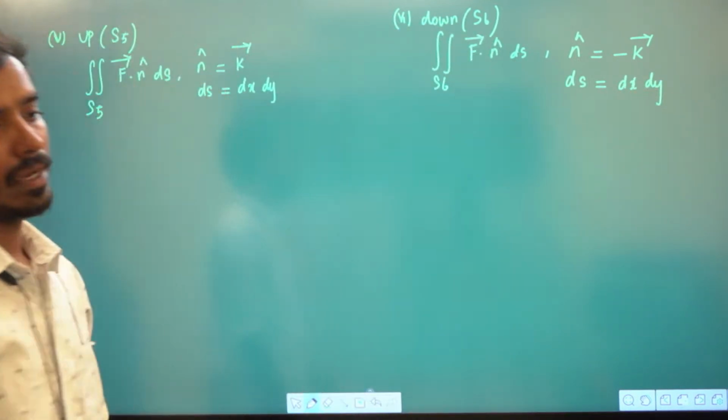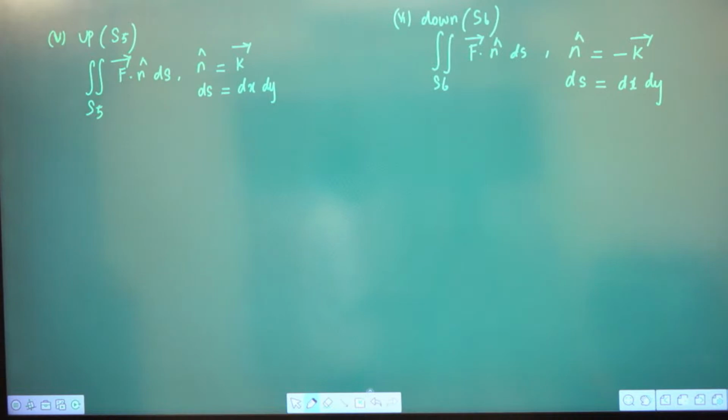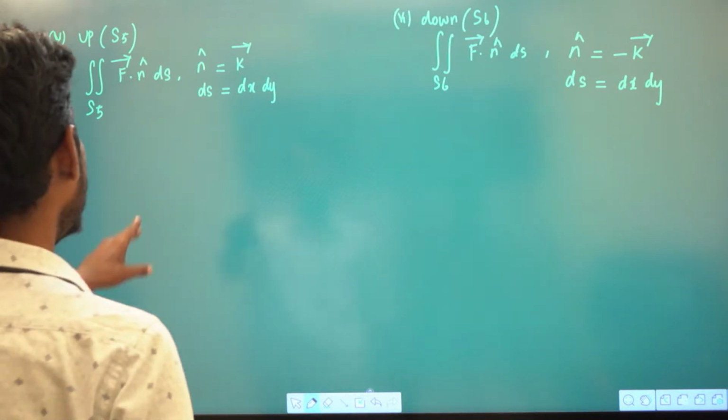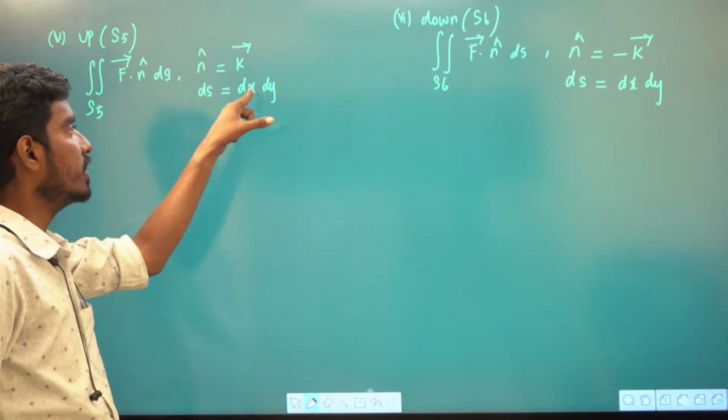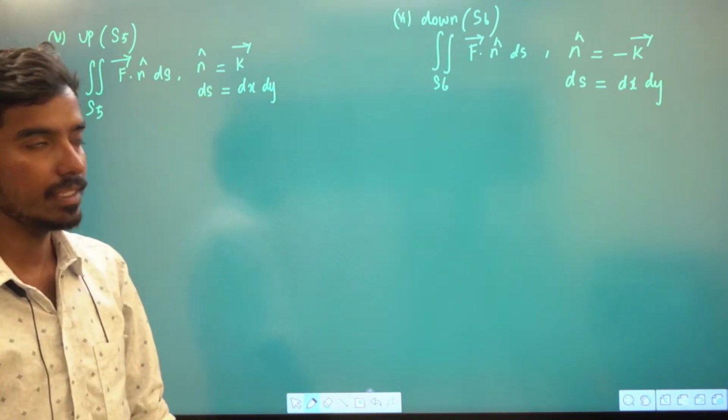So you just remember by heart from now on that whenever you have left to right or front to back, n cap is i, minus i, and for right and left j, minus j, and for up and down k, minus k, and ds will vary. So if you have k, it means dx dy, just remember like that.